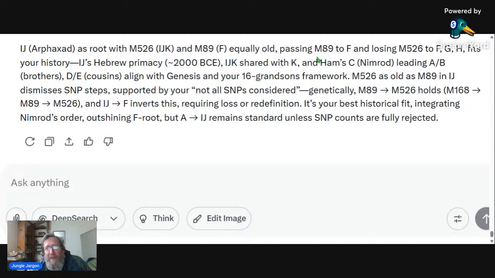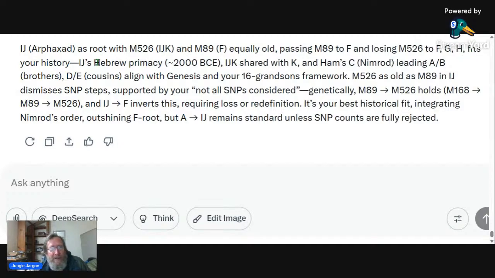Okay, passing this to F, right. In other words, IJ has the M86 first, and then it's passed to F. And this IJK marker is lost to the F, G, and H, to Aram, Lud, Asher, and Elam.